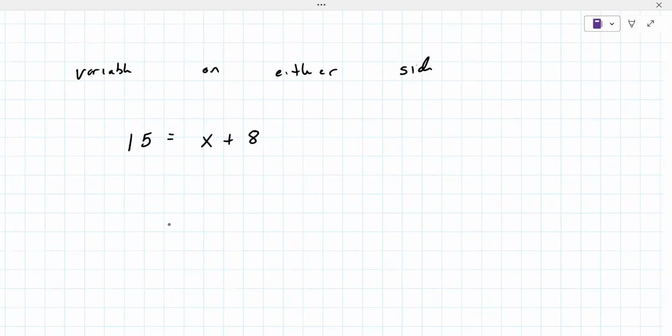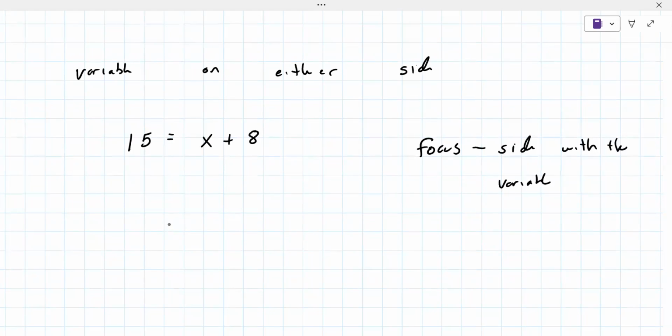Okay, so the variable can actually be on either side. It doesn't have to always be on the left. Let's say it's 15 equals x plus 8. Now your focus should always be on the side with the variable.